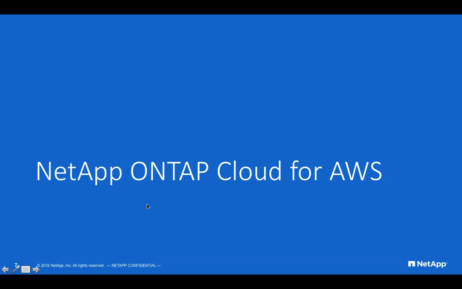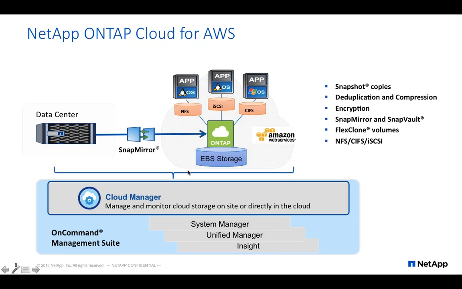So I'll get into the specifics of NetApp OnTap Cloud for AWS. NetApp has a platform. So if I look back and mention who NetApp is, NetApp really came about as a storage system vendor for the enterprise space, and we built our storage environment on an operating system called Data OnTap, which we now call just OnTap, OnTap software.